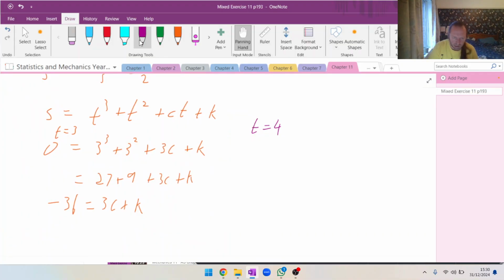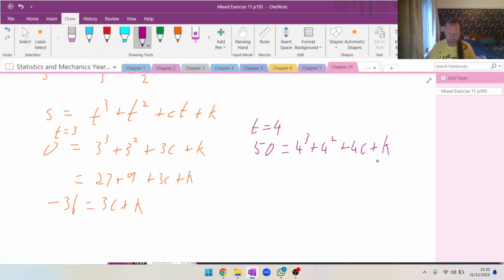So my distance, from that datum of 0, is 50, equal to 4 cubed plus 4 squared plus 4c plus k. 4 cubed is 64, so 50 equals 64 plus 16 plus 4c plus k. If we do 50 take away 64 take away 16, we get minus 30. And so minus 30 is equal to 4c plus k.